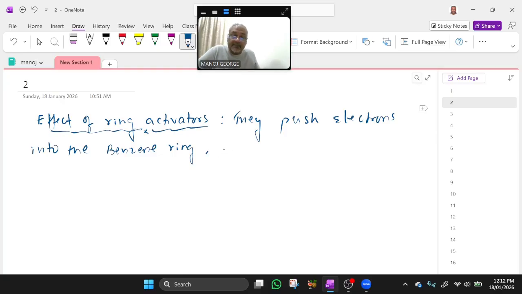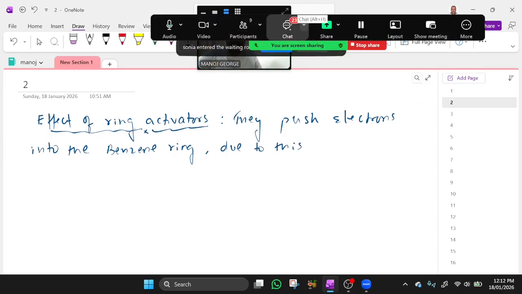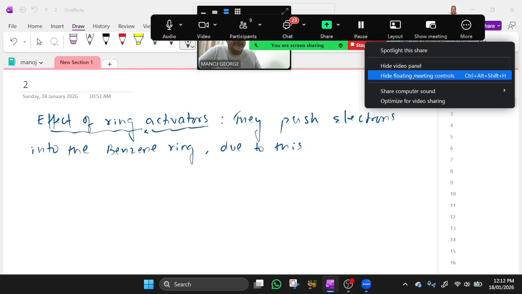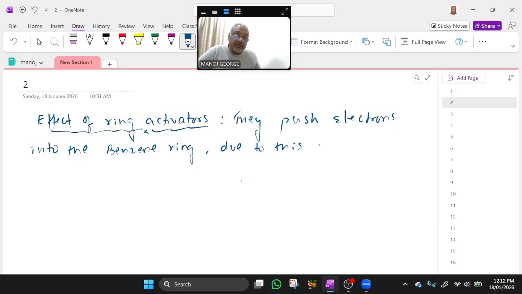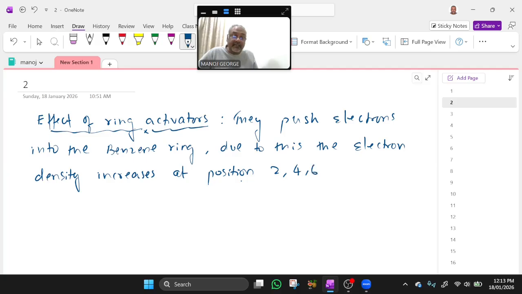Because of this, the electron density increases at position 2, 4, and 6 on the ring.